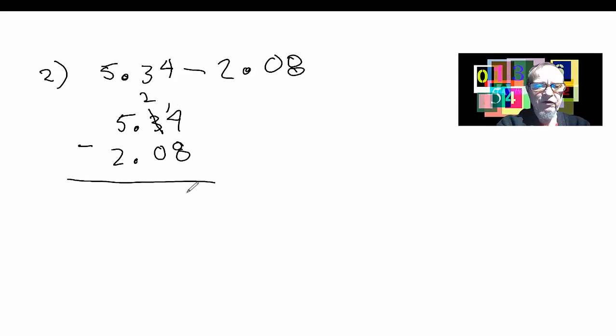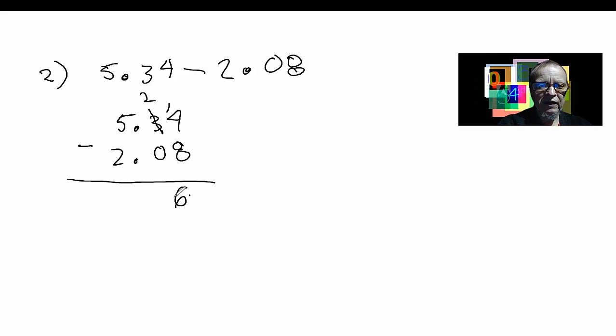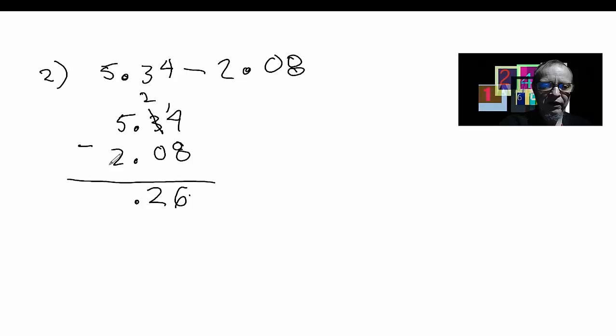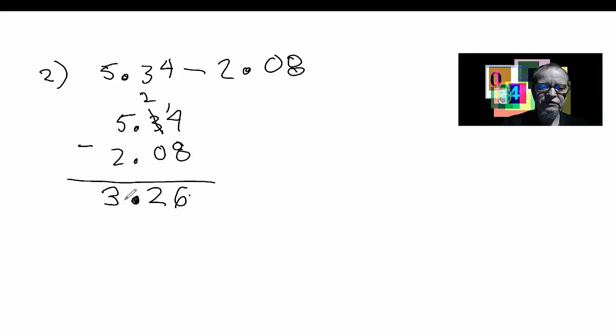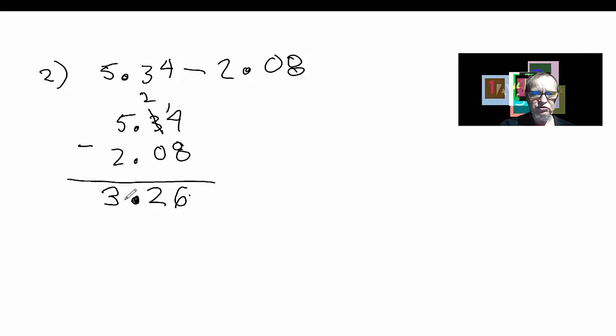And that will give us 6. And then we have 2 minus 0, and that will give us 2. And then we have 5 minus 2, and that will give us 3. And note how I bring down the decimal point to give me 3.26 as my final answer.